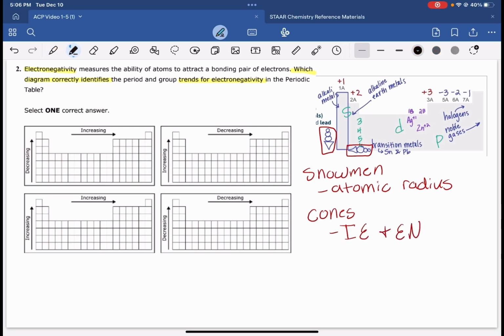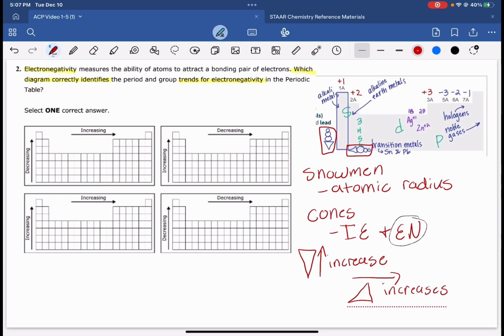In this case, we are just looking at electronegativity, so we'll start there. If we look at your cones, the ones that are on the side going up and down for your groups are shaped like this, which means going this way, they're going to increase. The one that is laying down at the bottom, which goes side to side for your periods, is like this, so we know that it increases going this way.